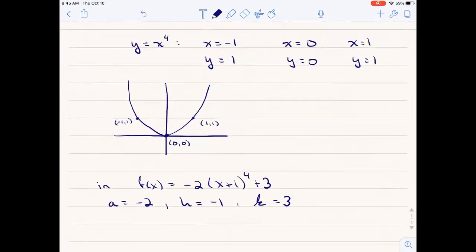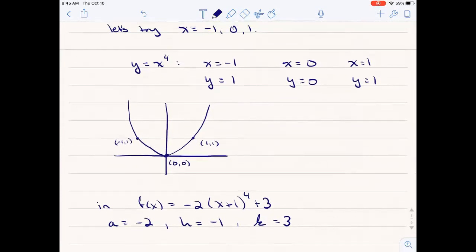And so the first step that we have to do is, well, we had our list, but we're going to add h to each of the x coordinates. These are our x coordinates here: -1, 0, and 1. The y's are going to stay the same, we're just talking about a horizontal shift.